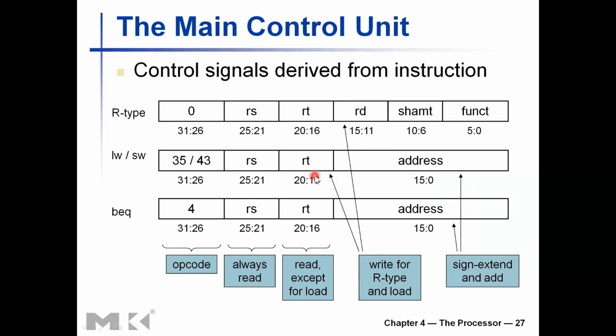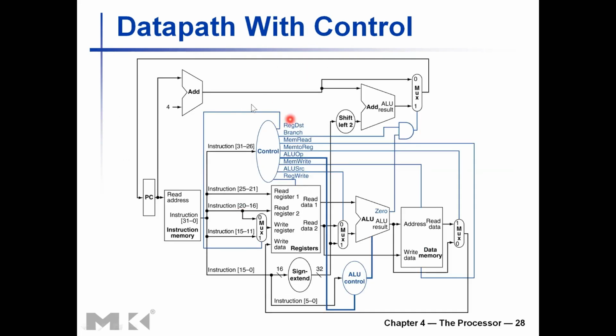In the case of a load word instruction, you read from the memory and write the result into the RT register, which is given in bits 16 to 20 of the current instruction's encoding. So the register to be written to comes from 2 different places in the instruction depending on the opcode. So this control signal will decide whether to take bits 11 to 15 or bits 16 to 20 of the incoming instruction as the register to be written into.